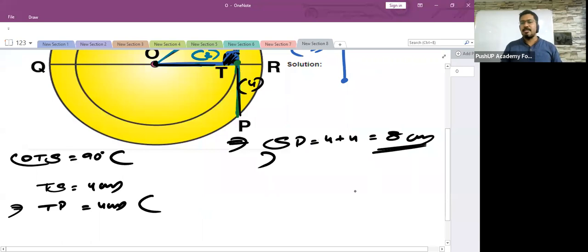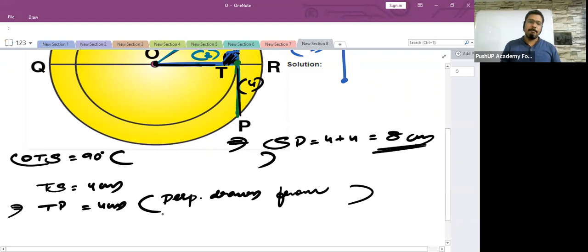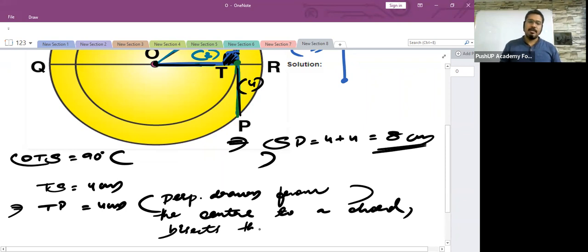And what is the reason behind it? Children, the perpendicular drawn from the center to a chord bisects the chord. Write it. Bisects the chord.